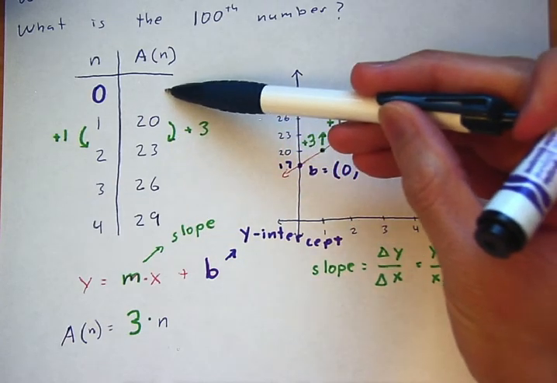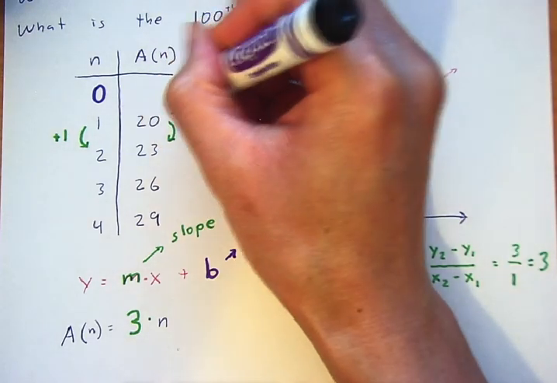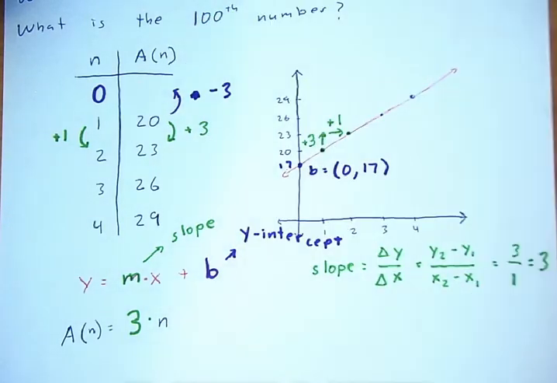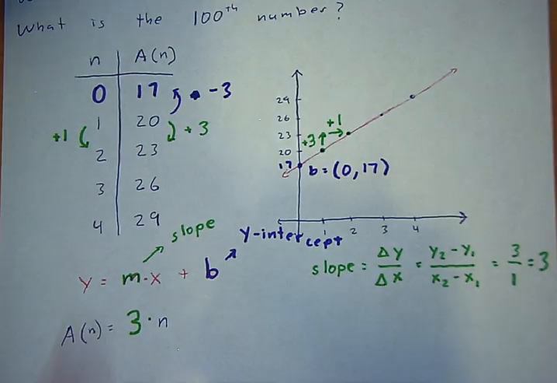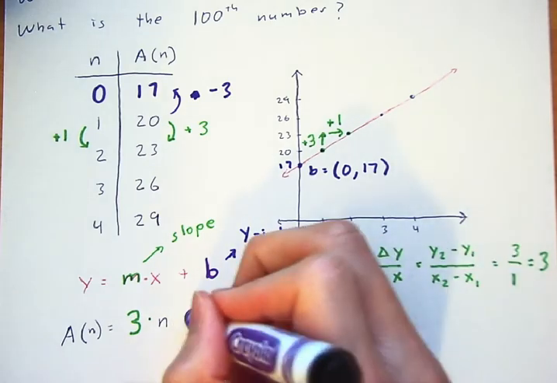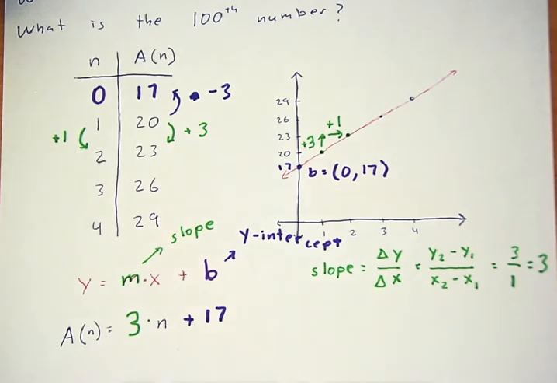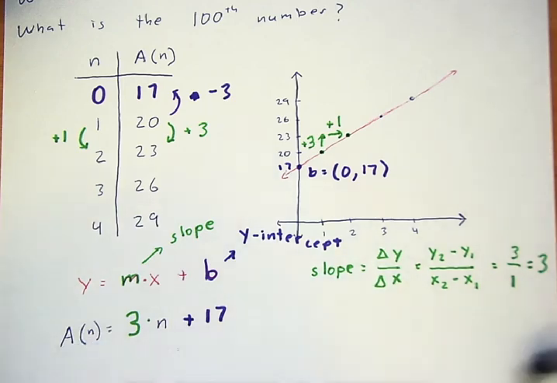So to go to this one, it's going to be minus 3 again, minus 3 to get to 17. And that is a positive 17. So my y-intercept is positive 17. So this equation right here tells you, for any particular n, what the a of n is equal to.